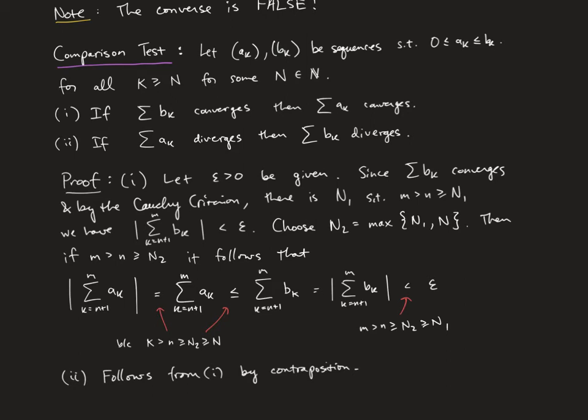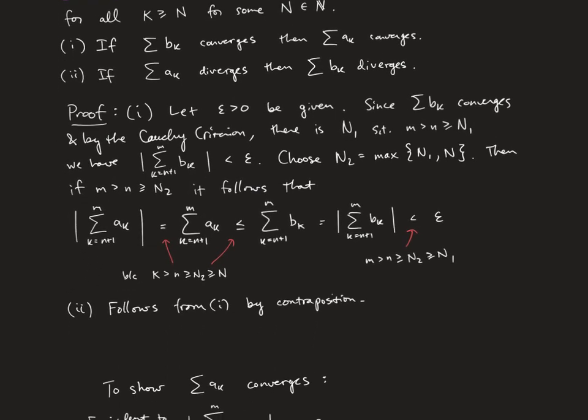So even though there's a strong intuitive sense of the convergence of the b_k series implying the convergence of the a_k series, you can't strictly, logically deduce the convergence of the a_k series unless you know something about the real numbers, something related to the completeness of the real numbers.